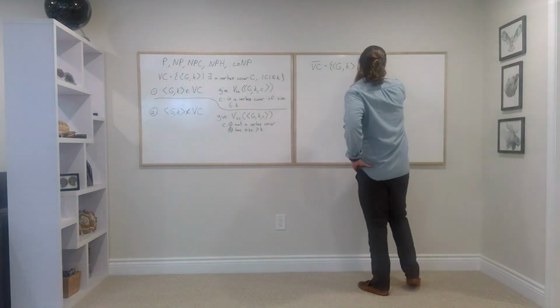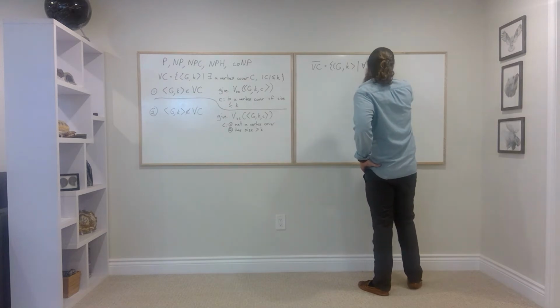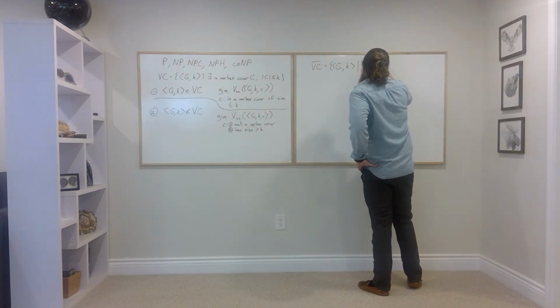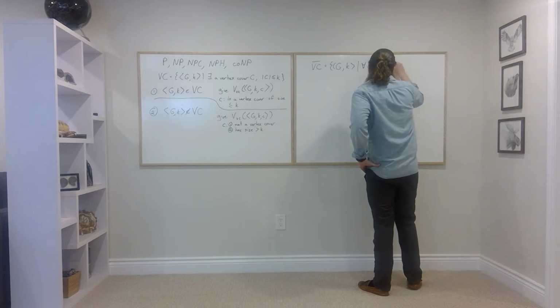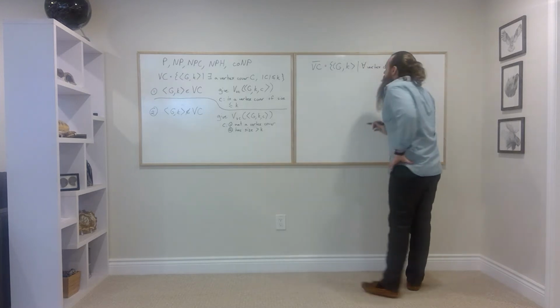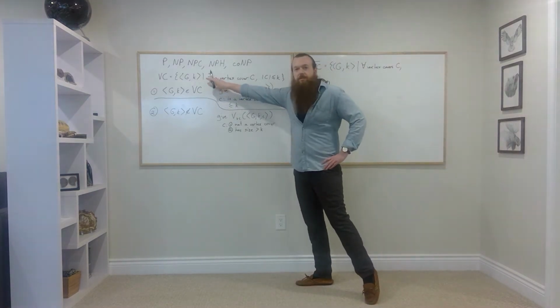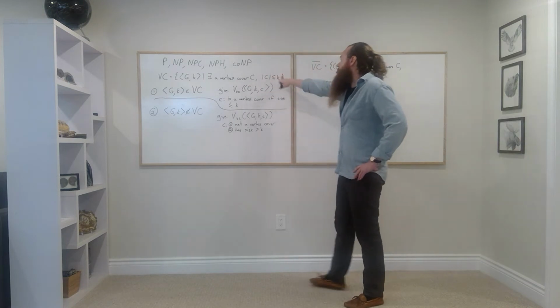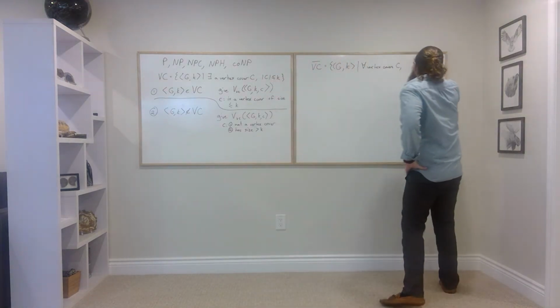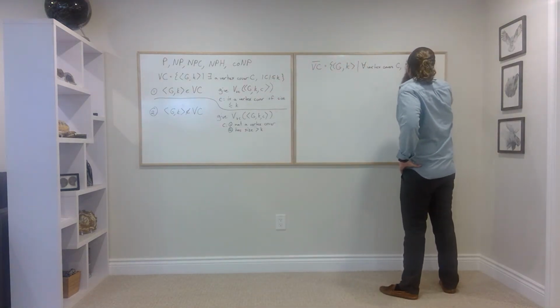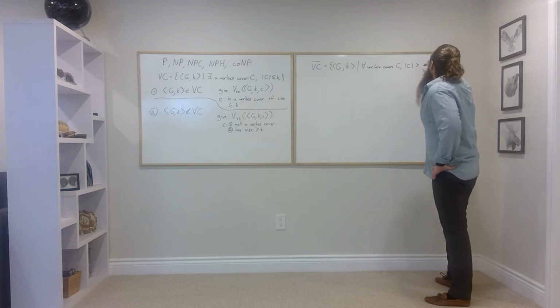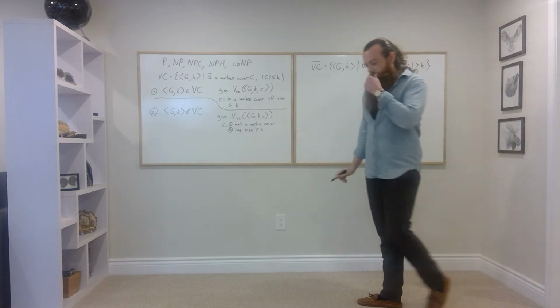So I say, okay, for all vertex covers C, what's true? Well, I'm just negating it. I negate the there exists, it becomes a for all, and I negate the subject here. So that means the cardinality of that vertex cover C is greater than K.